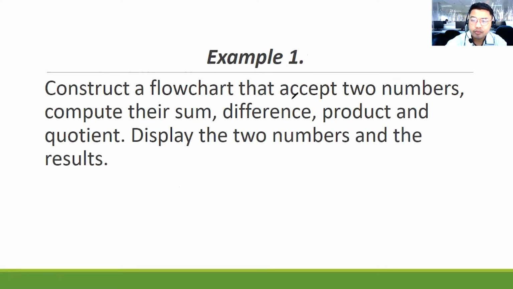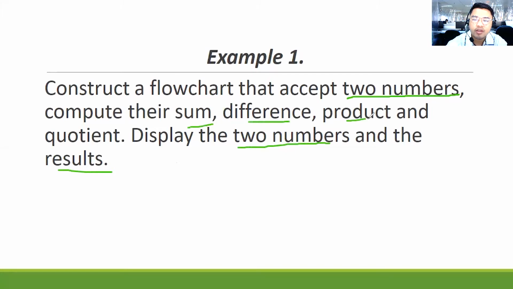What's the input from this problem statement? We have the two numbers. So this is our input, the two numbers. Then let's get the output. For the output, display the two numbers and the results, which are the sum, difference, product, and quotient.